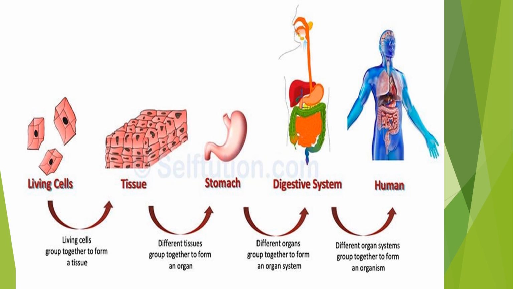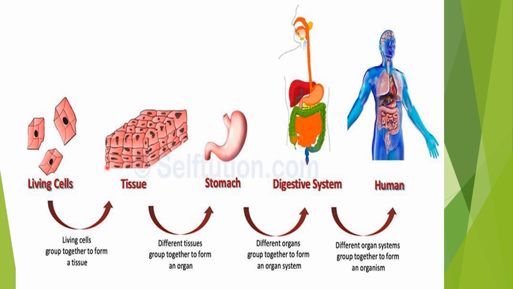Let's take an example about one of our organ systems that we have in our body, which is the digestive system. So, as we said, many cells or a group of cells that are gathered together and do the same job together make up a tissue.